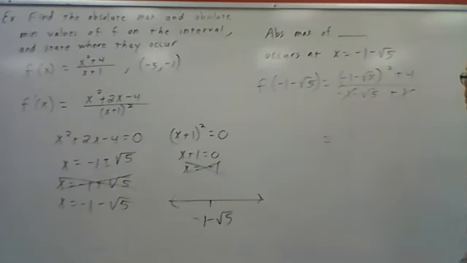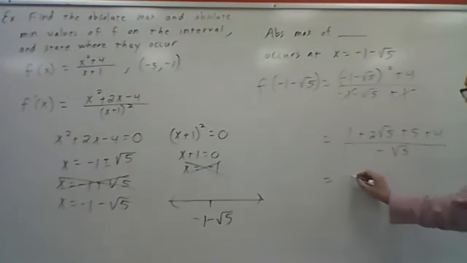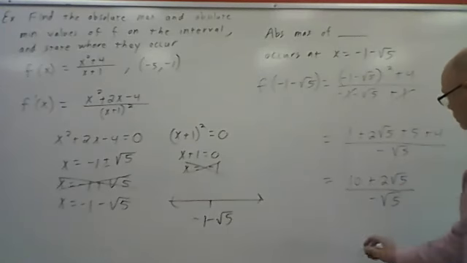So the denominator is negative square root of 5. If I square this up, remember you don't want to square each term; you want to square it the correct way, the way you square a binomial: 1 plus 2 square roots of 5 plus 5, plus 4, over negative square root of 5. So that gives me 10 plus 2 square roots of 5 over negative square root of 5.